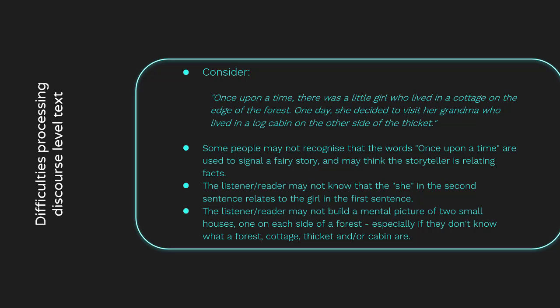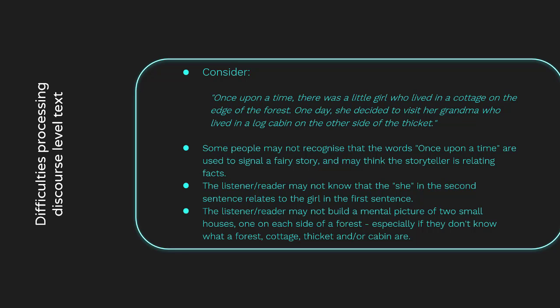Now, some people may not recognize that the words once upon a time are used to signal a fairy story, so they may not be in the mode of accepting that they're hearing a story. They may think that you're telling them something that's literally true. The listener or reader may not know that the she in the second sentence of my story starter refers to the girl in the first sentence. I'm surprised how often that happens still, that some kids tend to read each sentence as almost like an island unto itself.